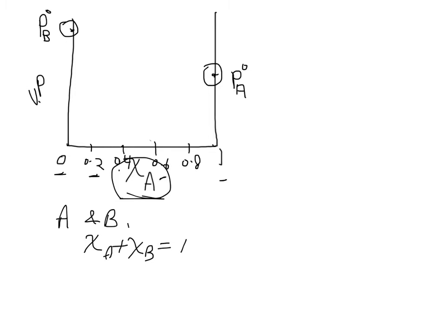Hopefully you can see that as we increase the concentration, or the amount of A, so as we go in this direction, essentially we will measure some vapor pressures, right? And so they would be, for the sake of argument, maybe here.